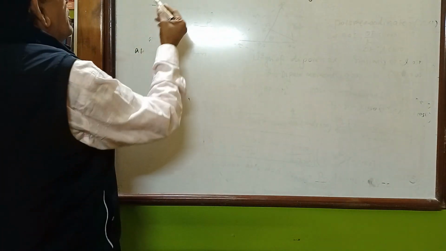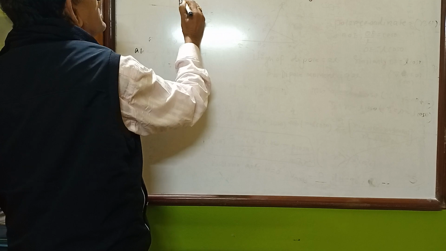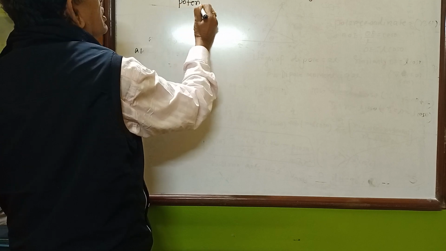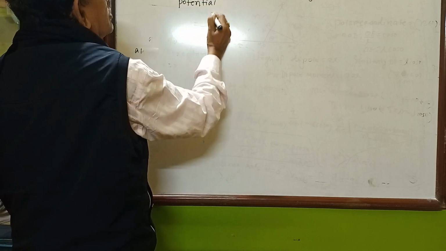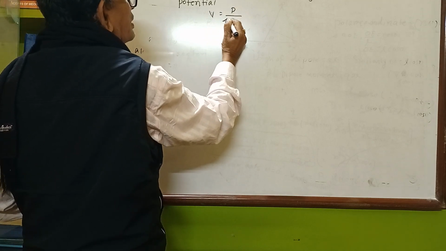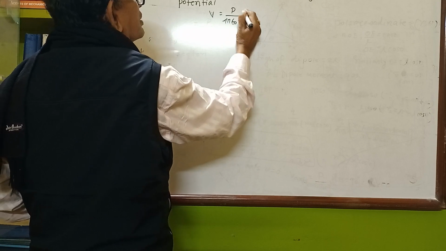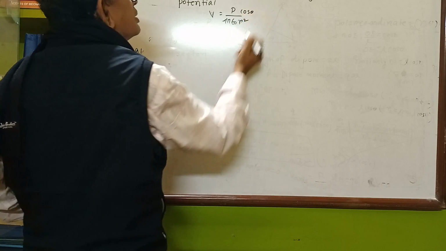Electric field for a dipole. Already we have the potential V equal to p cos theta by 4 pi epsilon naught r square. Already I have got it.